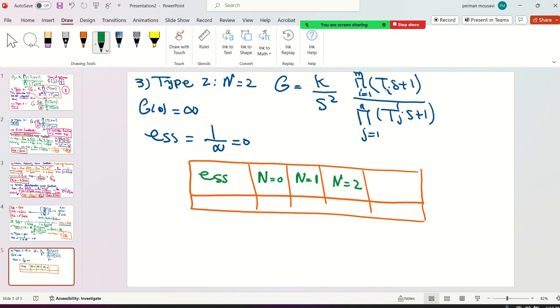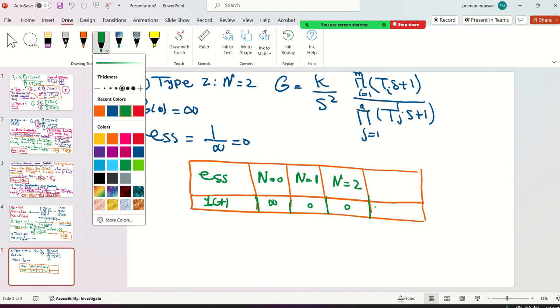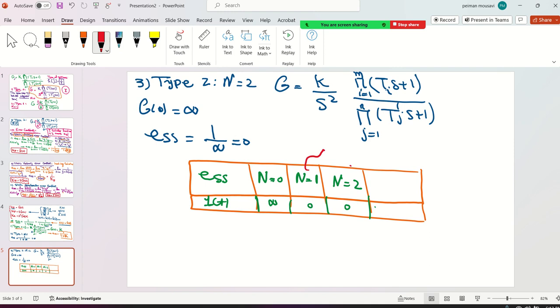So ESS with the unit step as input is going to be infinity... sorry, 1 over 1 plus K for type 0, then 0, 0. See that by adding an integrator, the steady state error signal goes to 0. You are adding an integrator here. That's right.